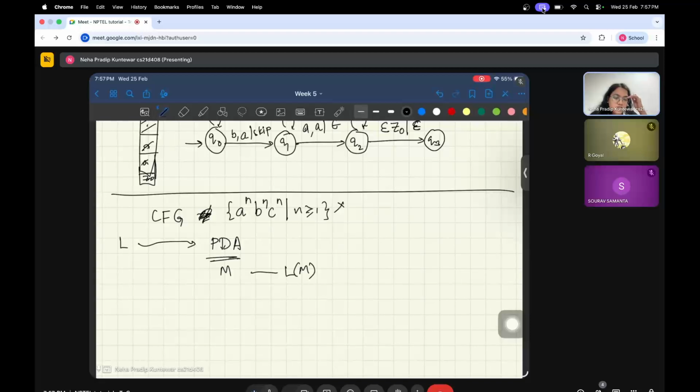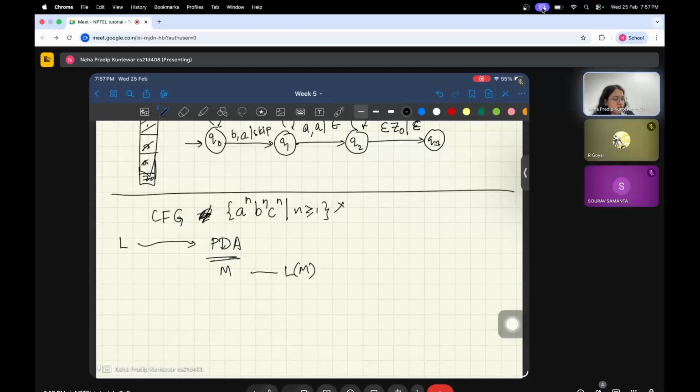In case of regular languages, we had two ways of showing that a language is not regular. What are those two ways? Those were the pumping lemma and the Myhill-Nerode rule. Correct.